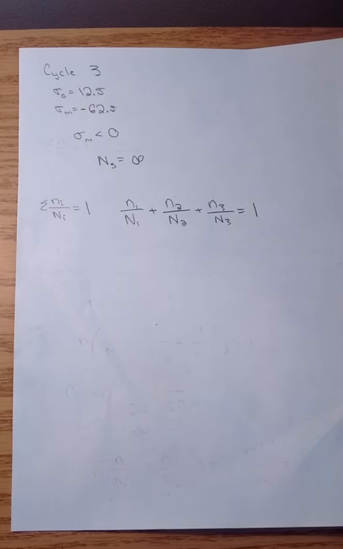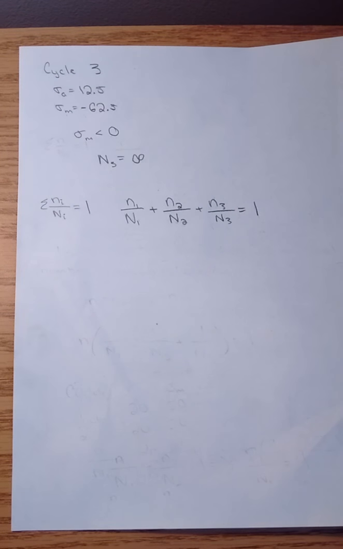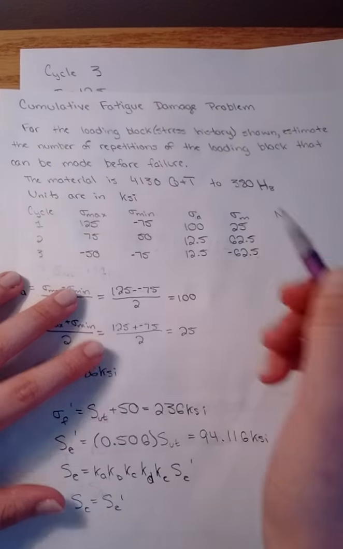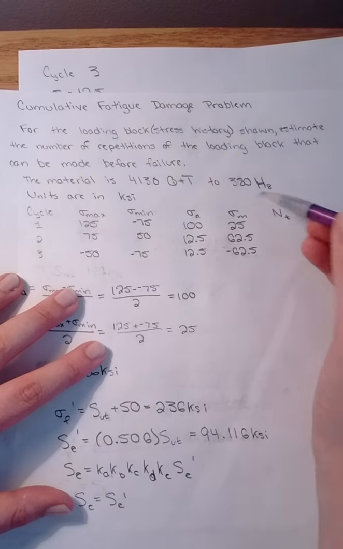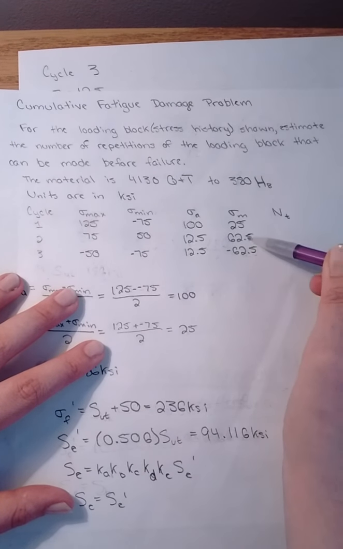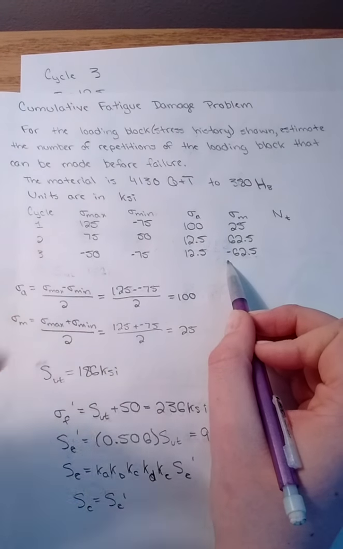Now in this case, if you go back to the beginning, where we have the 3 cycles with all of the values here, none of the values are the same for each of the cycles. These two are close, but there's the negative in front of the 62.5.